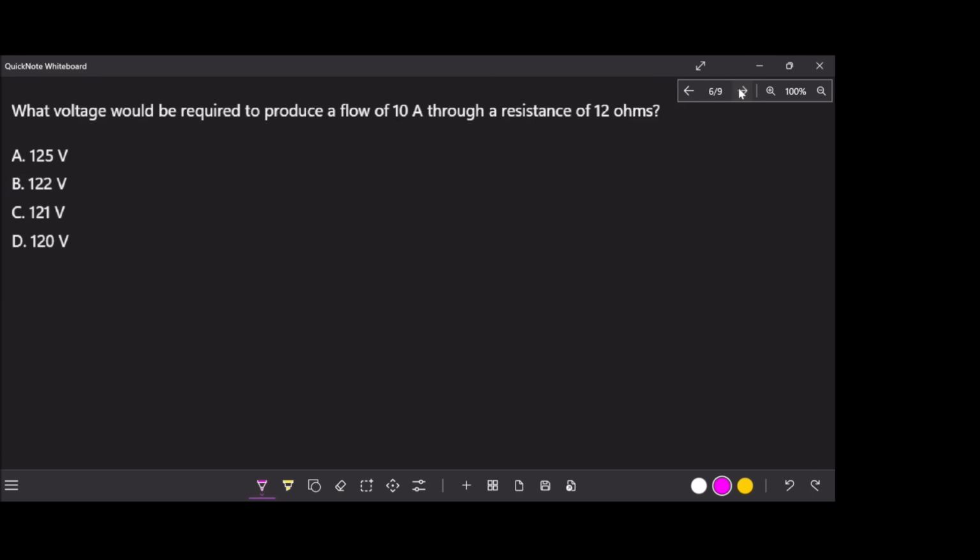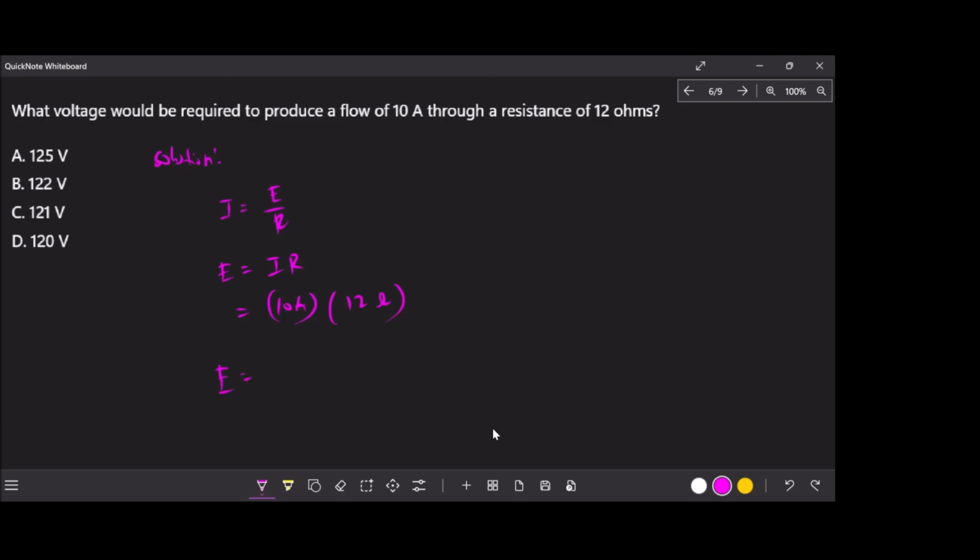Next. What voltage would be required to produce 10 amperes through a resistance of 12 ohms? Again, very easy. This is just Ohm's law. Solution: I is equal to E over R. What we are looking for is the voltage, so voltage is equal to I times R. Our current is 10 amperes and our resistance is 12 ohms.